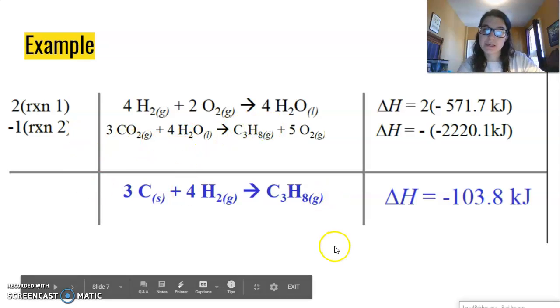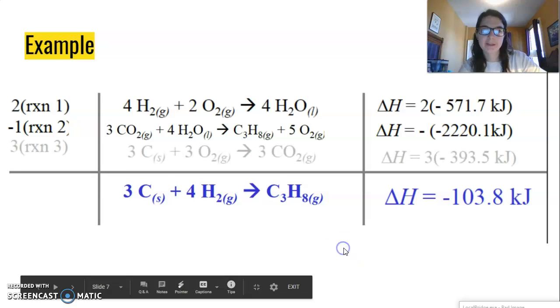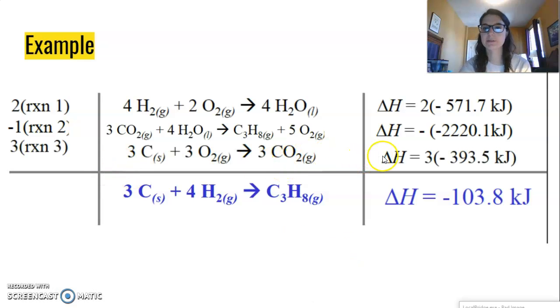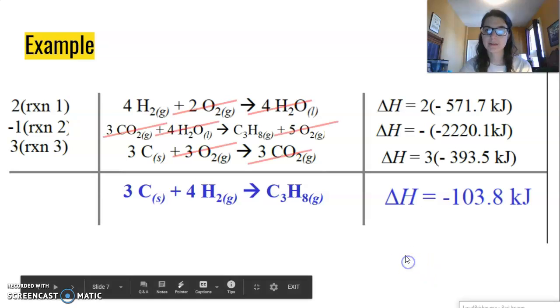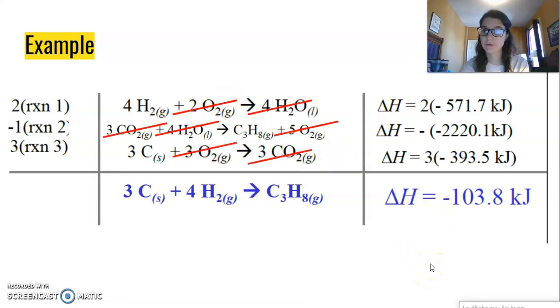So what I'm going to end up doing is multiplying reaction 3 by 3. Don't need to flip the sign or anything like that. Since I multiplied the reaction by 3, I have to also multiply the delta H by 3. So that will cancel out all the unnecessary things I do not want, which is wonderful.